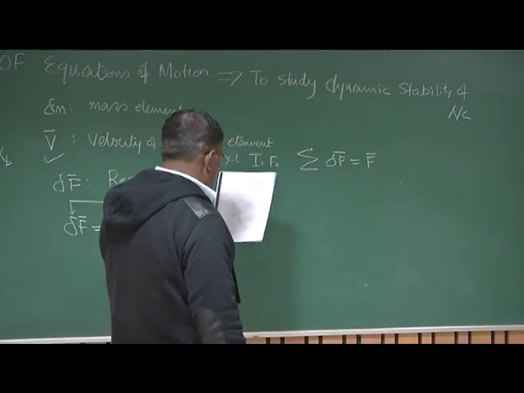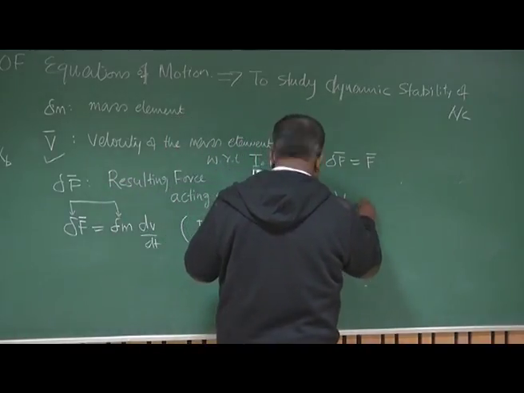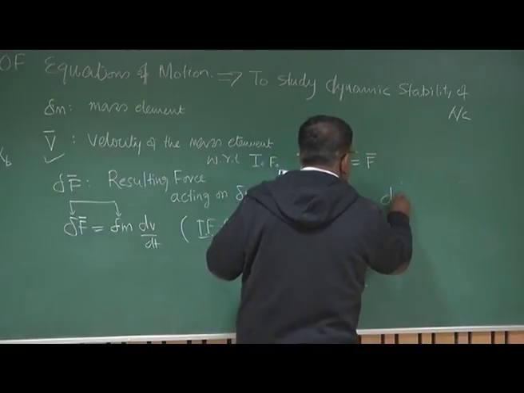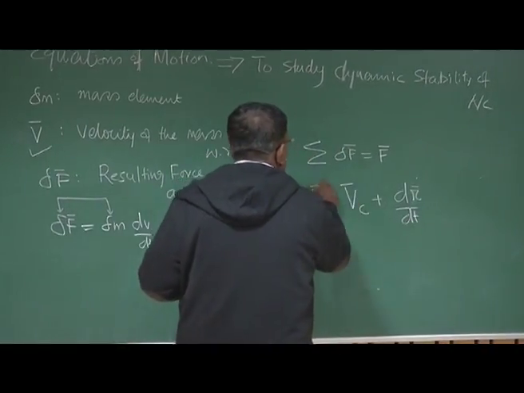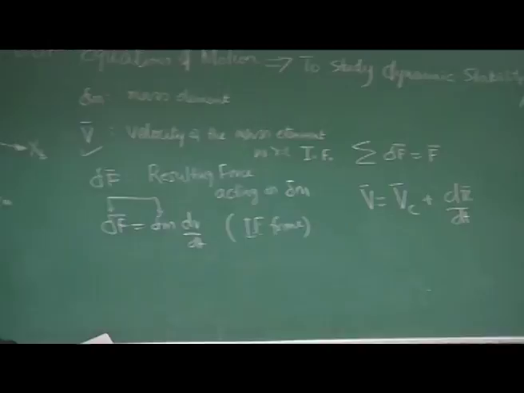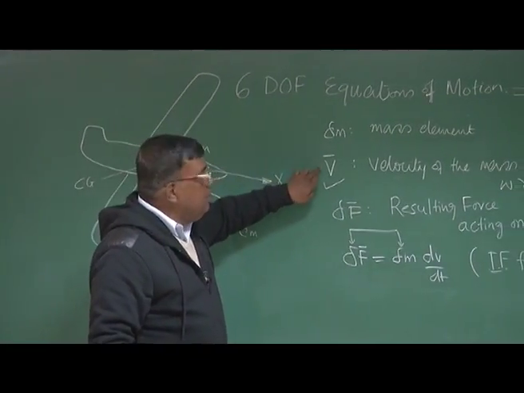Now, let me write this: the summation of delta F is F, the total force, vectorially added, and we know that V equals V center of mass plus dr by dt. No problem. The velocity of this particle v is important for us here.